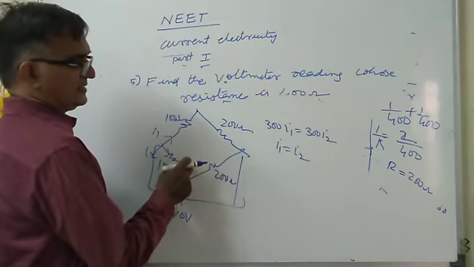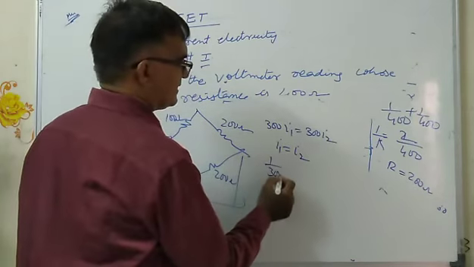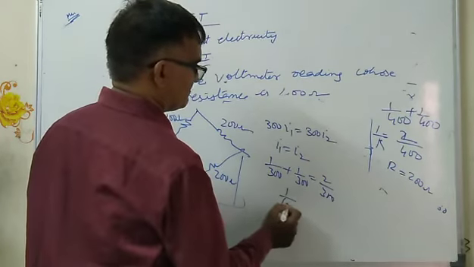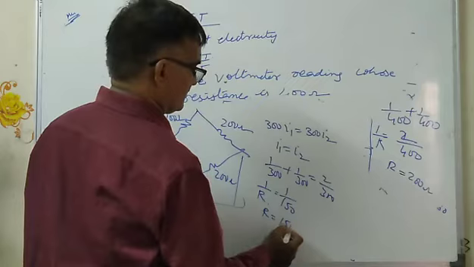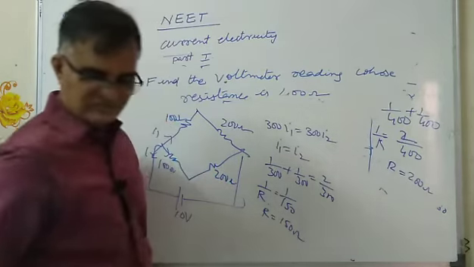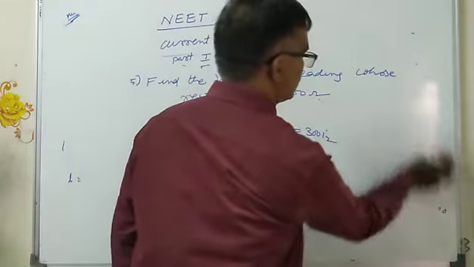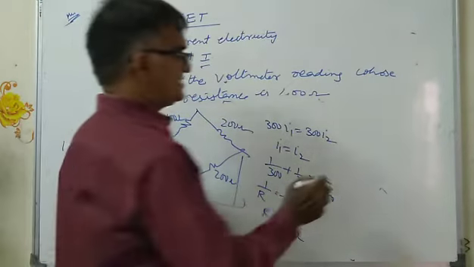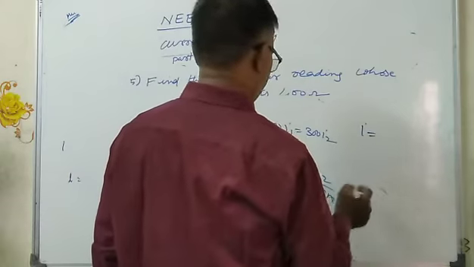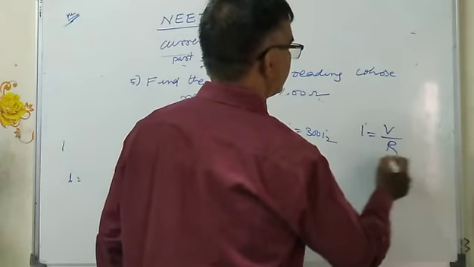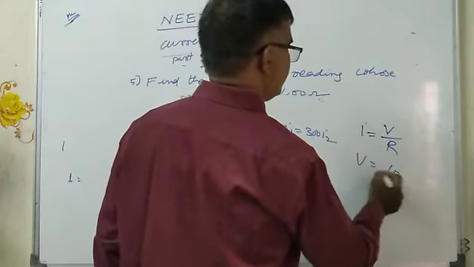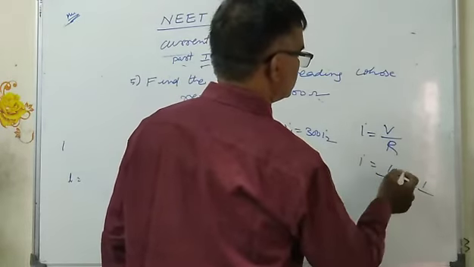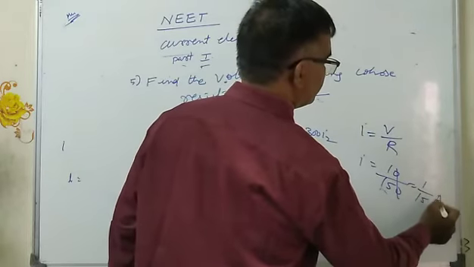Now these two are parallel. 1 by 300 plus 1 by 300, 2 by 300, that is 1 by R, so R is equal to 150 ohms. Effective resistance is 150 ohms. Now V is equal to IR, that is I is equal to V by R. The voltage is 10, so I is 10 by 150, that is 1 by 15 amperes.